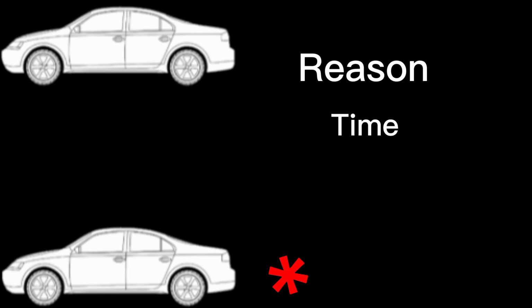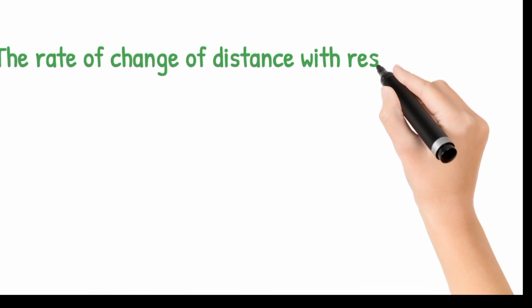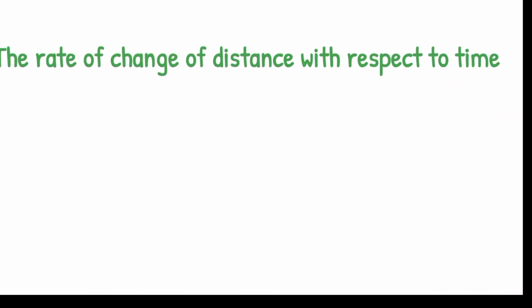This car is considered faster as compared to this car because of the time, because this car has covered the distance in less time as compared to this car. So from this reason, we can also define speed like this: the rate of change of distance with respect to time is known as speed. Now let me show you the main idea of this definition.